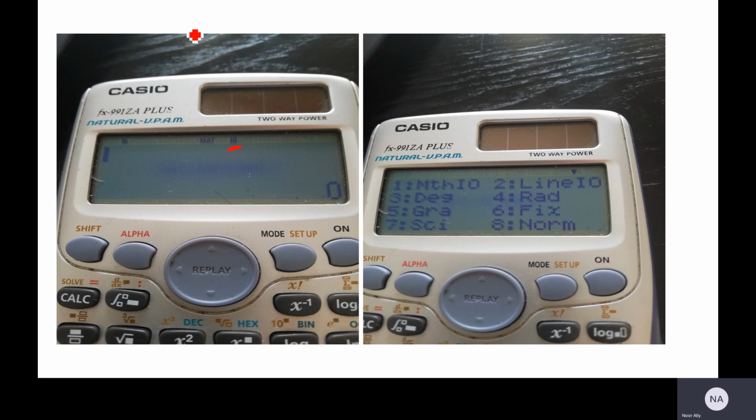So this is the mode that you need to look at. Either degrees, D, or radians, R. Now, many calculators actually have D or G. The R is radians, the D is degrees.